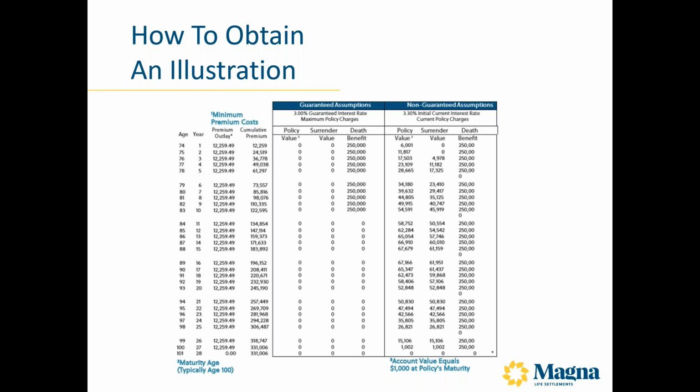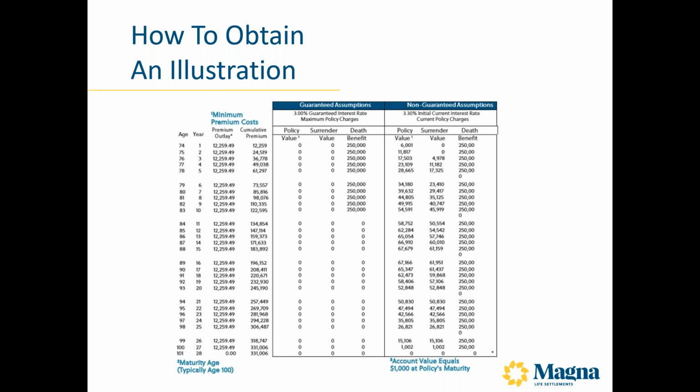And you simply ask for this. If you look at it, we always work on the non-guaranteed current assumptions, because if we worked on guaranteed, nothing would price out correctly. You simply ask for an in-force illustration with minimum premiums due to get to as close as possible to $1,000 of account value at maturity.